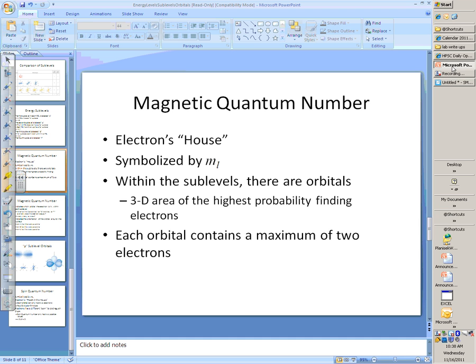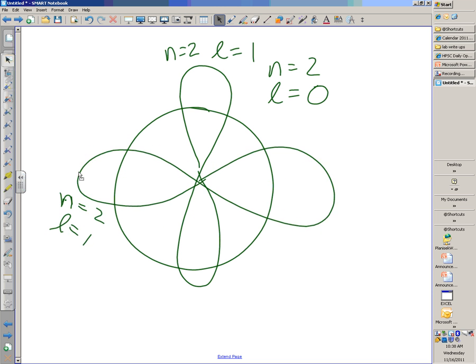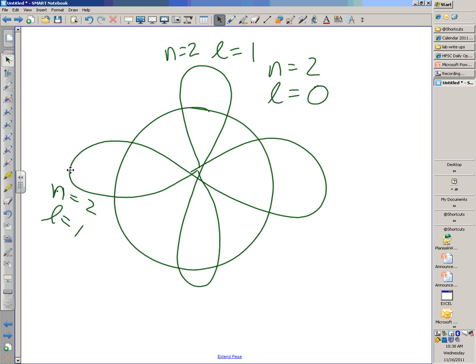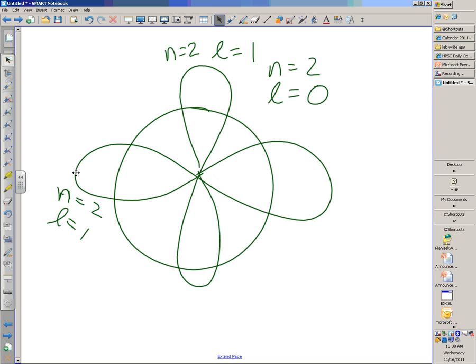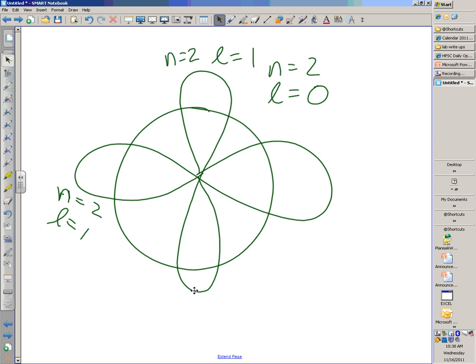Listen. All right. This is a p orbital. It's got the figure 8 shape. This is a p orbital. It has the figure 8 shape.